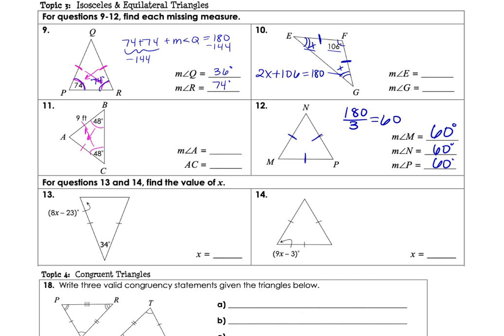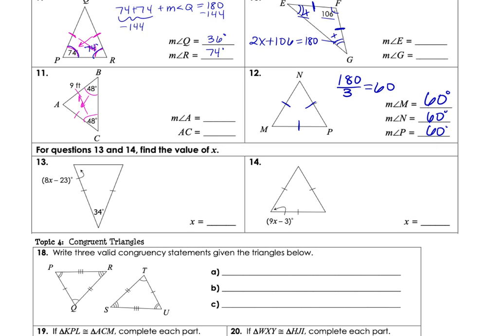So what do you do on 14? 9x minus 3 plus 60 plus 60 plus 60. So you could set it up 9x minus 3 plus 60 plus 60 equals 180. What's another maybe simpler way to do it? You just know it's 60. You know that angle is 60, so just say 9x minus 3 has to equal 60, okay?